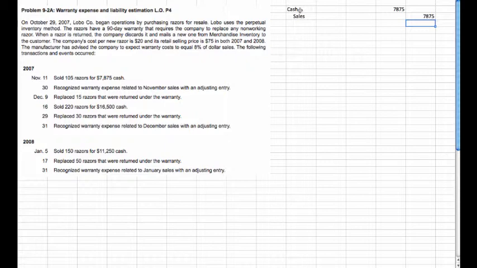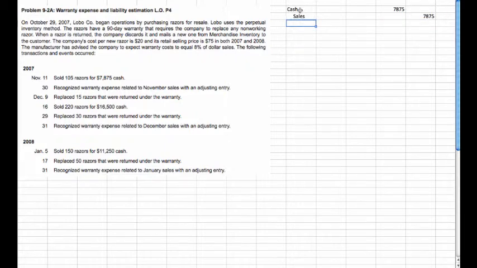Now that would be fine if we were using a periodic inventory. However, the problem says that we're doing a perpetual inventory. And in a perpetual inventory, we need to recognize the sales transaction, but we also have to recognize the cost of goods sold for the inventory items that have been sold to our customer.